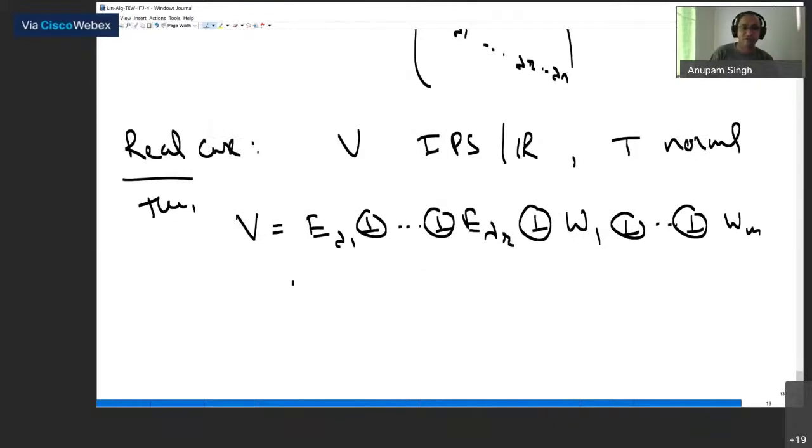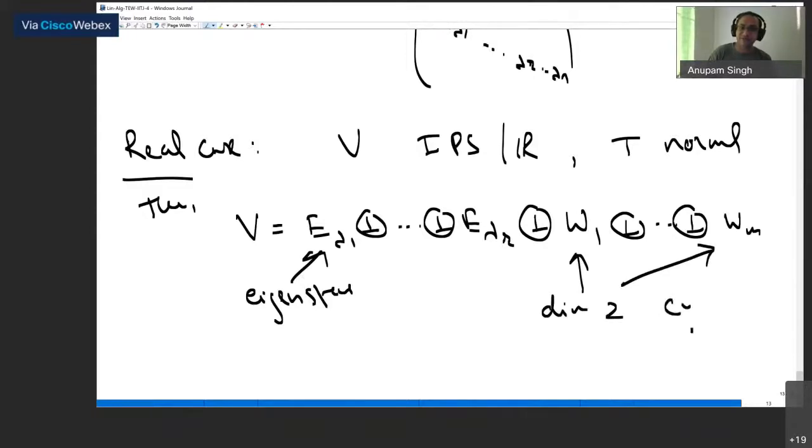So these are eigenspaces, and these ones are going to be dimension 2 cyclic spaces corresponding to quadratic polynomials, degree 2 polynomials.